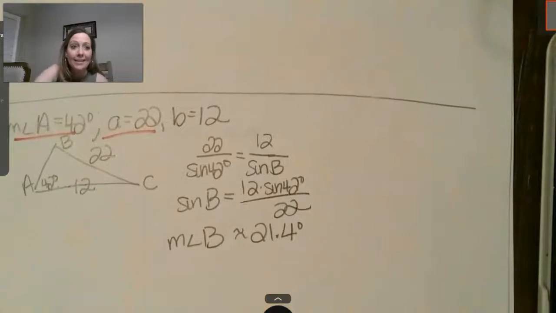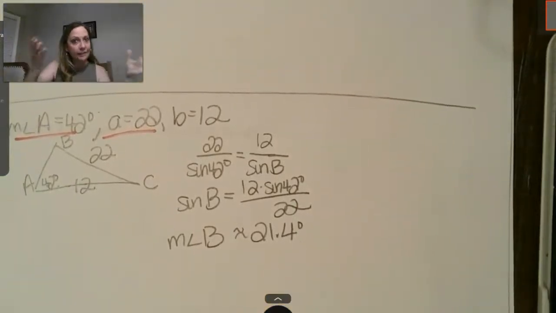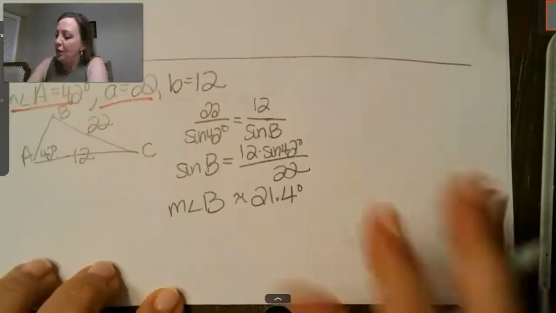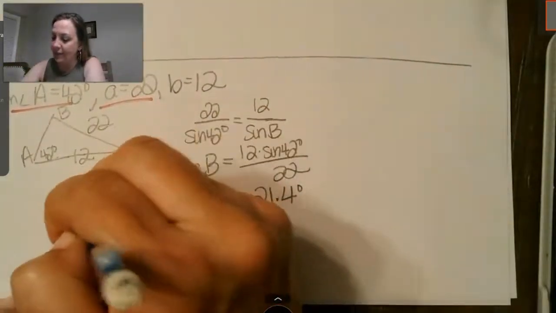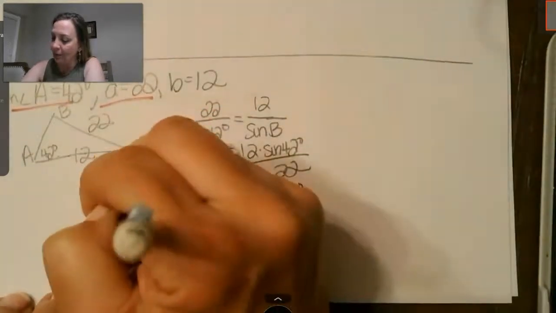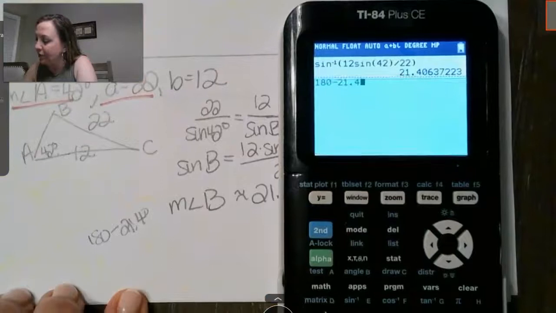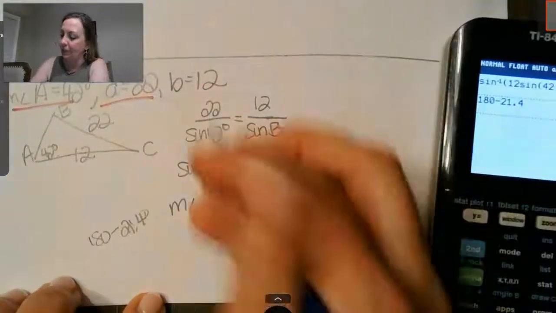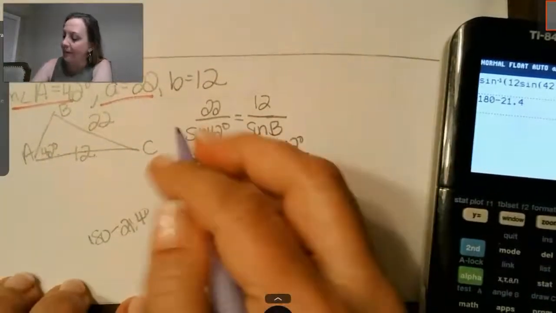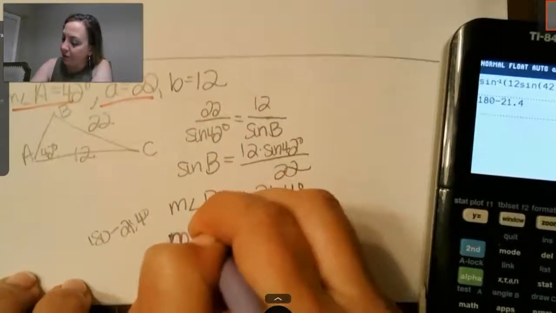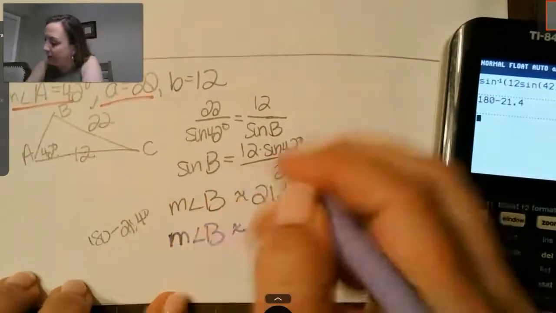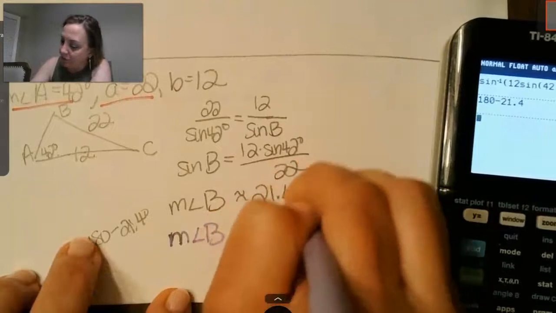Well, we need to test, remember, to see if we have a second angle that's possible, like a second triangle that I just showed y'all. So what we would want to do is take 180 minus the 21.4 degrees to see what that quadrant 2 angle, what that obtuse angle, would be. So another possibility for the measure of angle B would be 158.6 degrees.